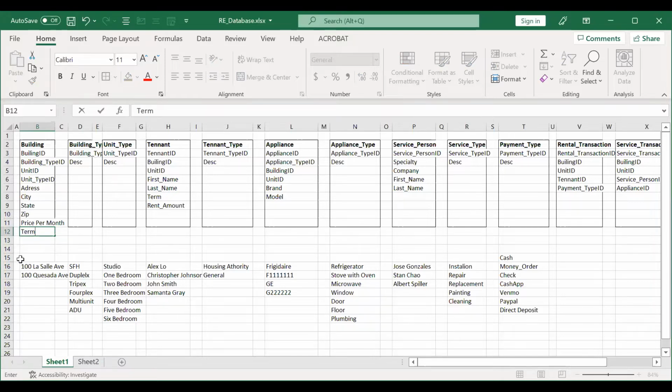Actually, I would put a term for how long it's rented. The renting term could be month per month, or it could be yearly. So potentially it could be another table in the relational database, which is called a renting term.